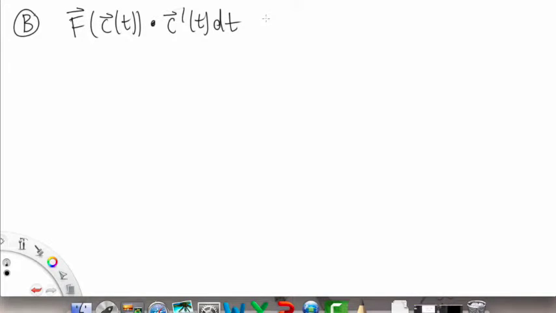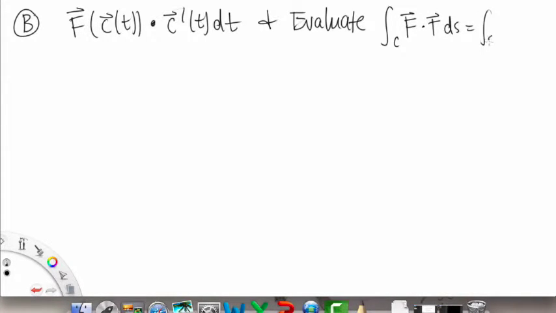Part B tells us now we have to find f of c of t dotted with c prime of t dt that we just found, and basically put everything together. We're going to evaluate the entire vector line integral of f dot T ds, or you might know this as f dot ds.